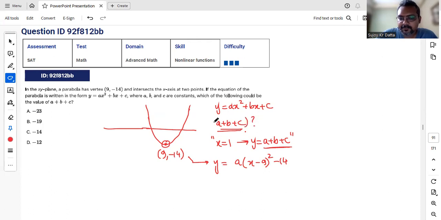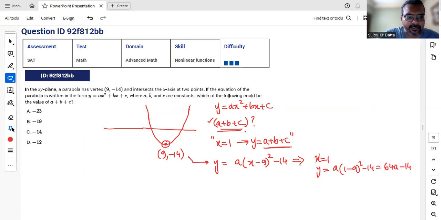Because we want to find a plus b plus c, I'm just going to plug in here x equal to 1 and see what y we get. 1 minus 9 squared minus 14. So that's 8 squared, 64a minus 14. So that is what we get as y. And this is basically what we have as a plus b plus c.